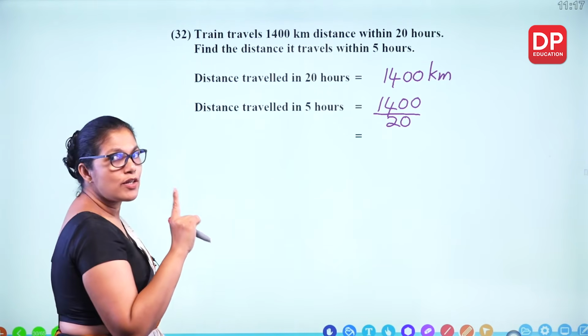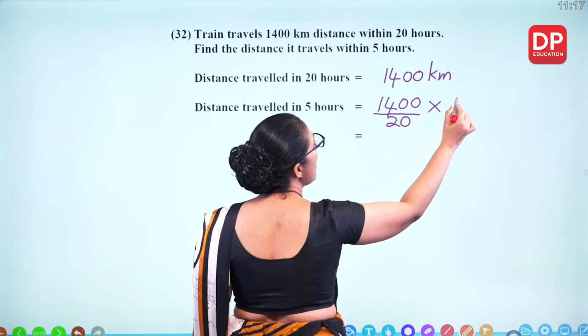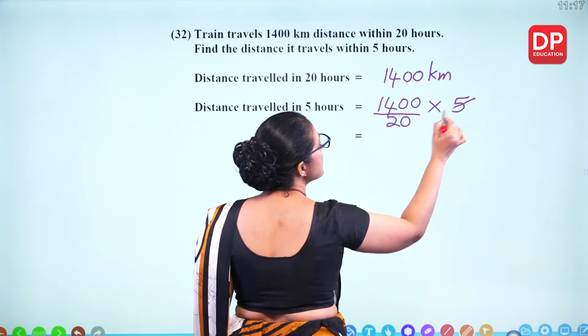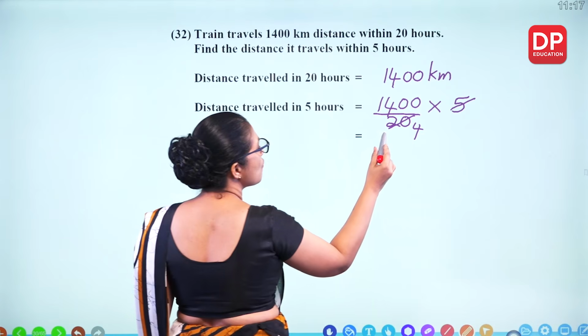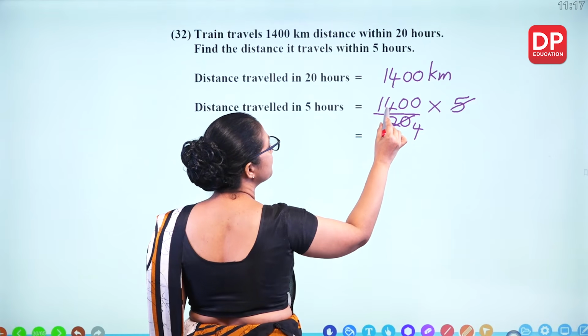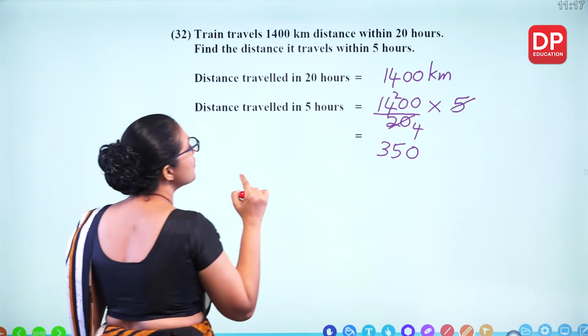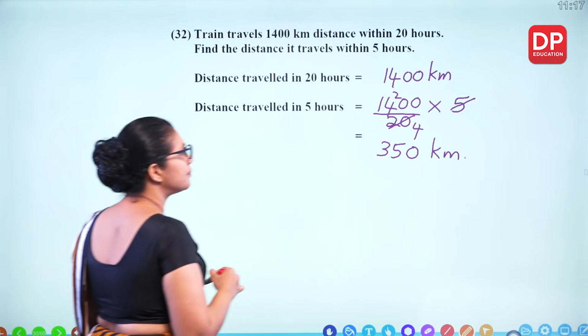That means divide by 20. If you want distance traveled in 5 hours, you can multiply by 5. 5 times 4, that means 1,400 divided by 4. 4 times 3, 12. For 20, that's 5. 350 kilometers.